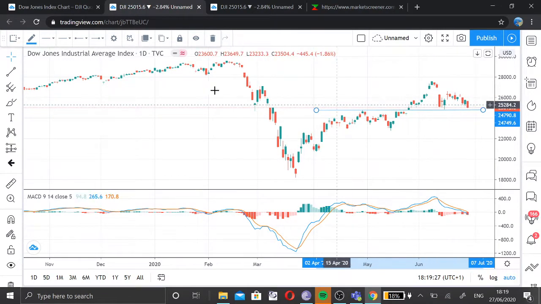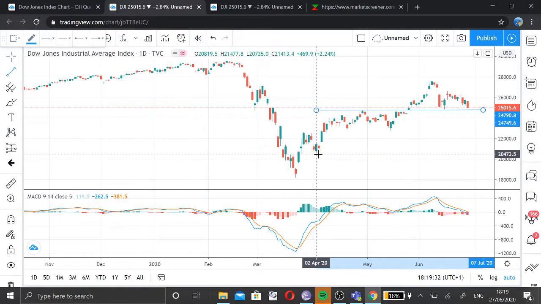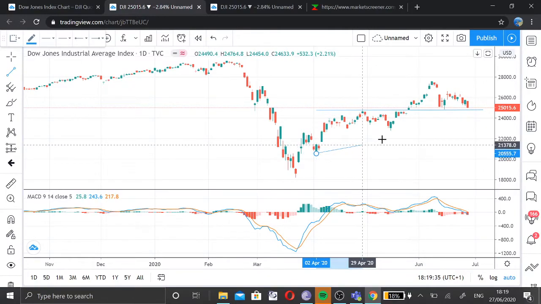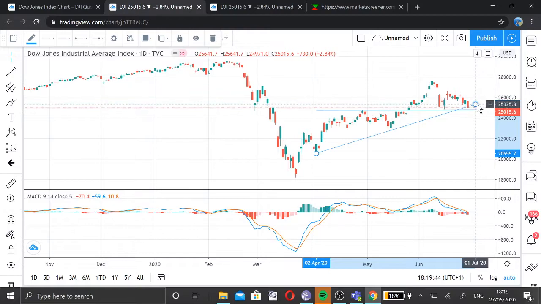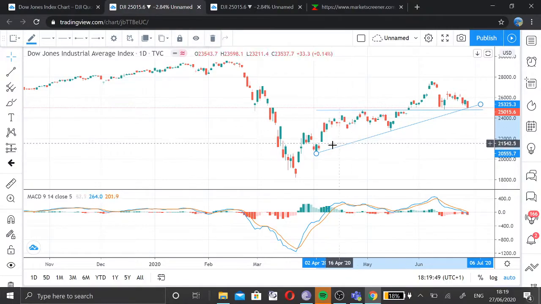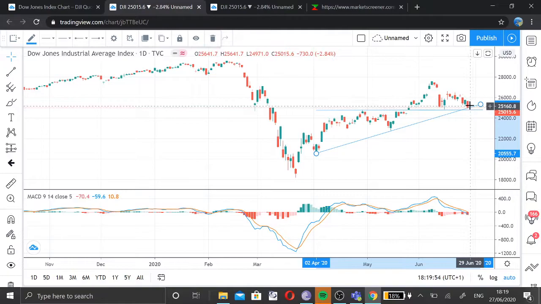Also, let me draw another trend line joining the previous two lows here. As you can see, Dow Jones has approached a really key area here where there is a horizontal support, and also there is a trend line support.